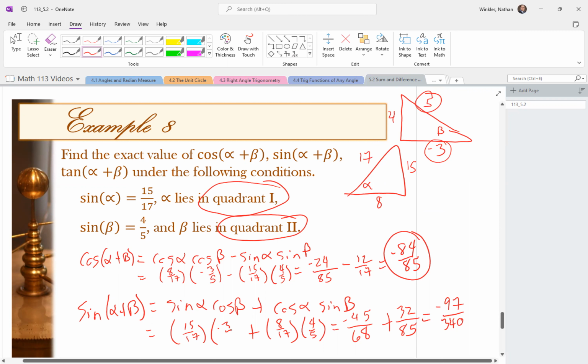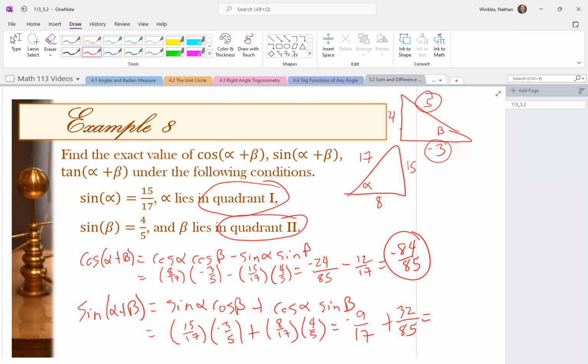Cosine beta is negative 3 over 5. Okay. So there we go. Negative 13 over 85.